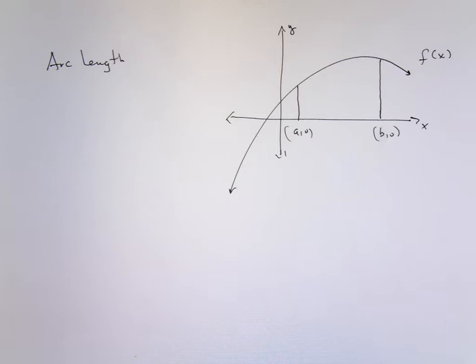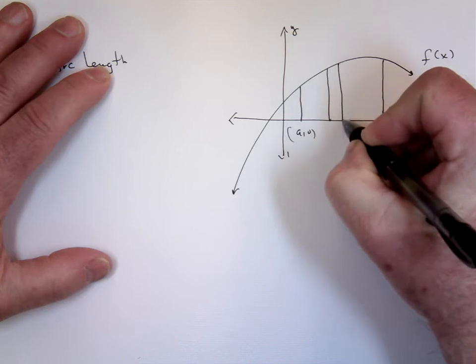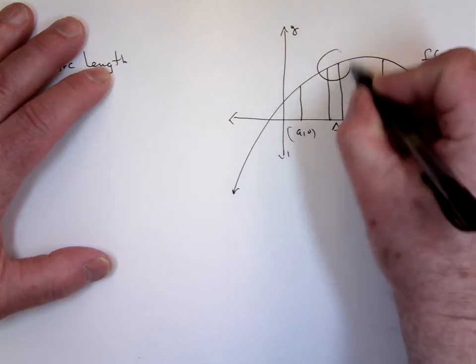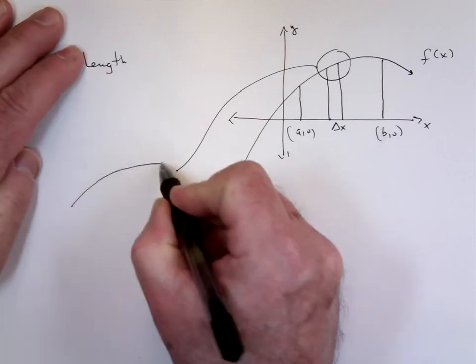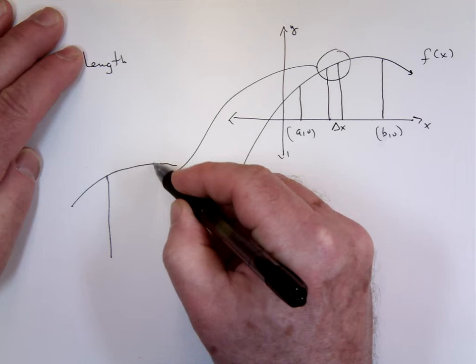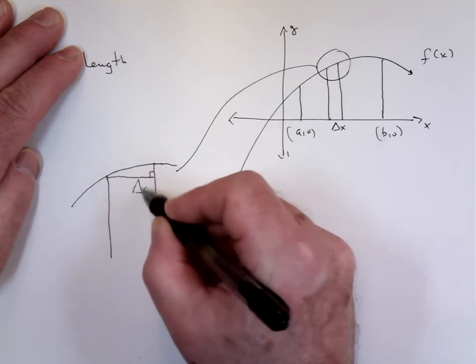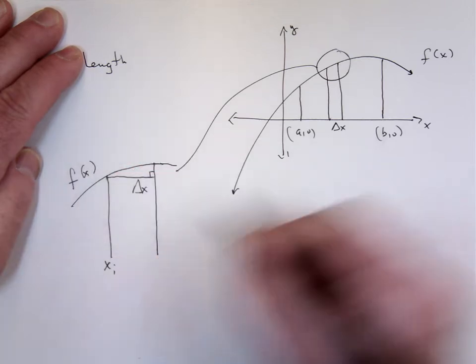Well, how can we do such a thing? Well, we can first approximate it by dividing this interval up into little delta x's. Here's delta x. Here's our function. Let's say this is x sub i, the ith x.